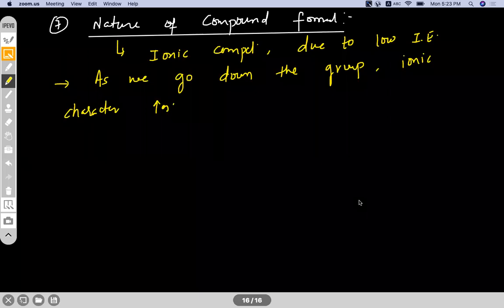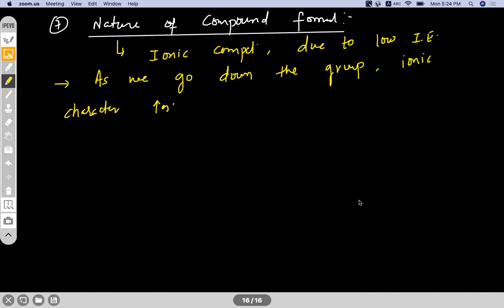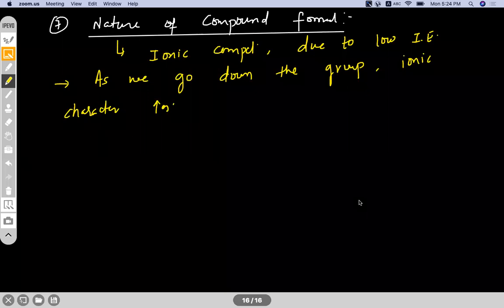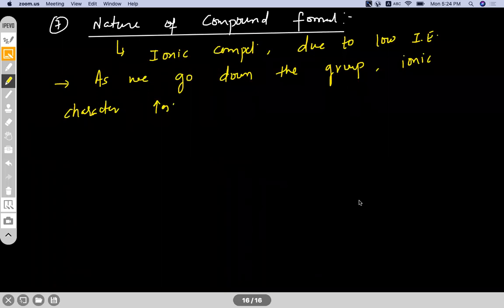In anhydrous form, the charge density of beryllium ion is high and it can provide high polarization, right? So write down, in anhydrous form, the charge density of Be+2 is high, and hence it provides high polarization, which leads to covalent nature.